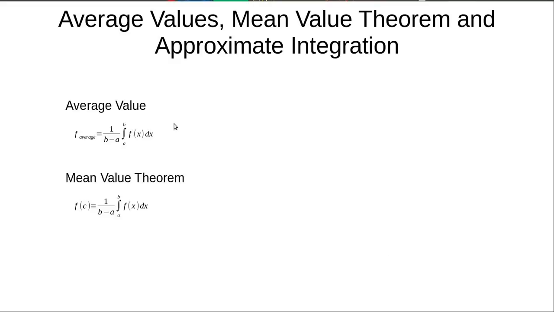Average values, mean value theorem, and approximate integration. The average value of a function is basically saying if you want to draw a rectangle that has the same area as the function between the two bounds, relative to the x-axis, you could draw it where the y value is this average value for the same width, and you would get the same area.